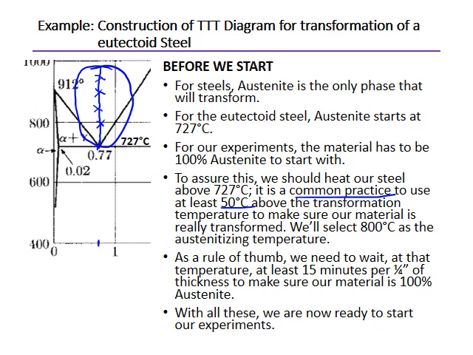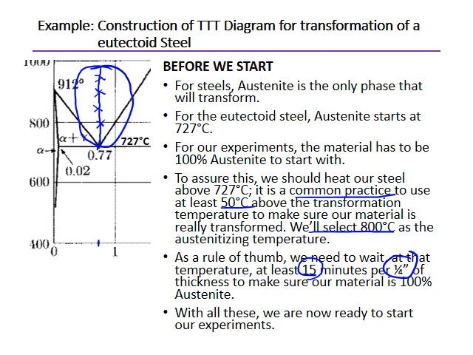So the selection will vary. But anyway, the idea is for you to start with 100% austenite. So we'll select 800 Celsius as the austenitizing temperature. And we have to wait there for a certain time. As a rule of thumb, we have to wait at least 15 minutes per quarter of an inch in thickness for a material.